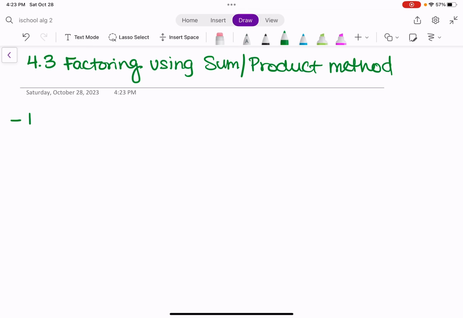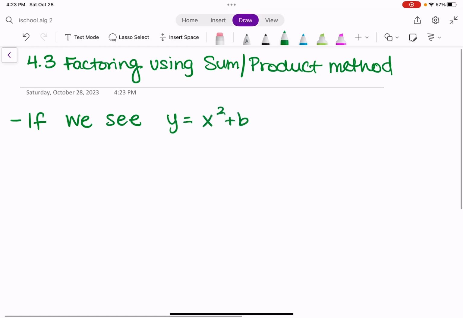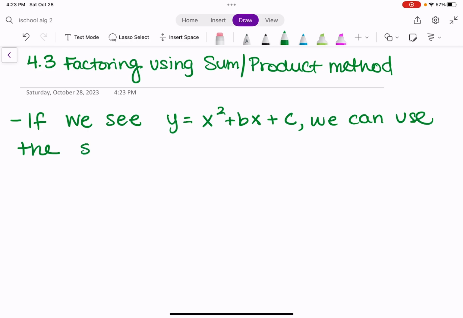Okay, so if we see y equals x squared plus bx plus c, we can use the sum/product method to factor.